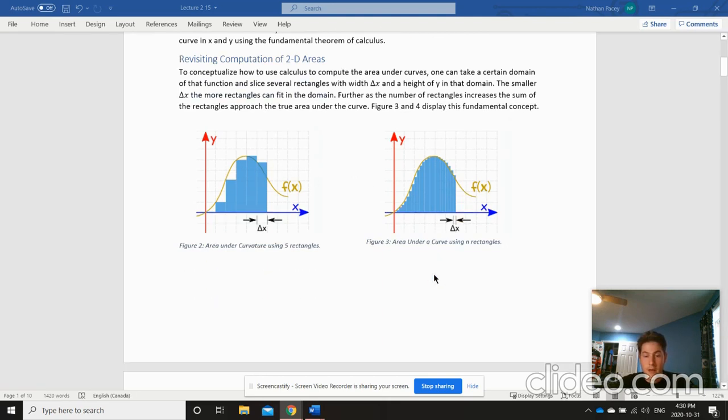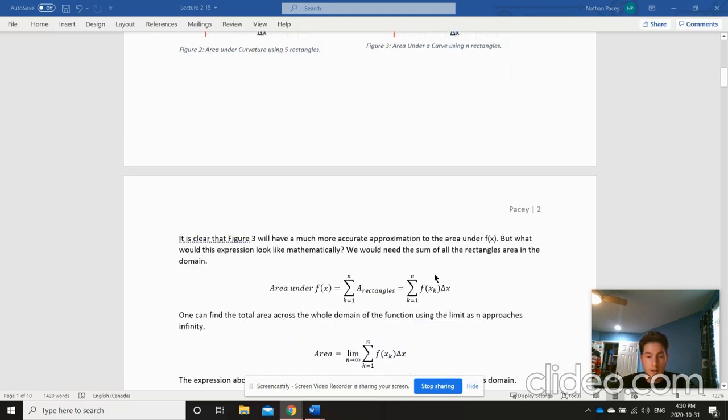So mathematically, we can take the area under a curve as the sum of all the rectangles under it. So the sum from 1 to n number of rectangles for a function, let's say f of x, and a width of delta x. That is, if our rectangles are structured from the x-axis.